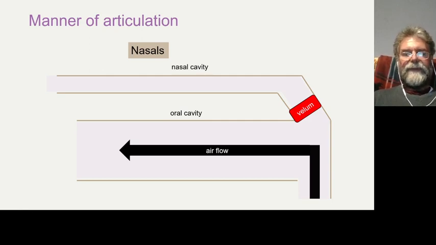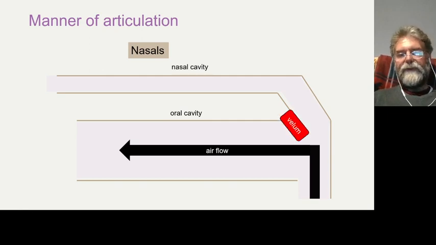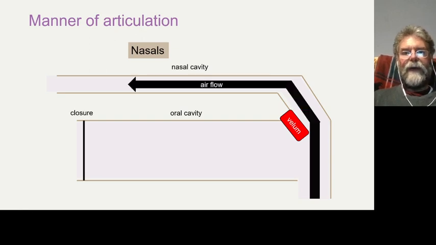The same thing happens, however, if your velum is lowered. That is to say, if you've opened your velum and you create a closure in the oral cavity, what will happen then is that air will escape through the nasal cavity instead. And when you do that, you get what is known as a nasal consonant.